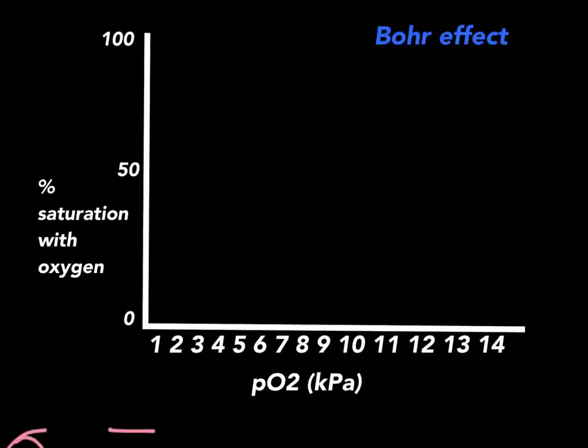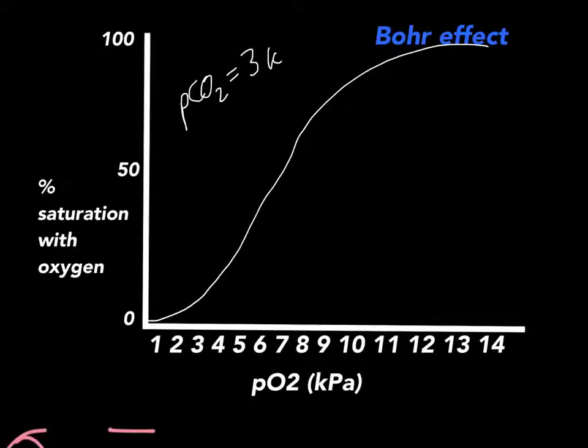Now we'll look at what that looks like in a graph. If you remember before, we have our normal sigmoid, or S-shaped, curve, and you're always going to have carbon dioxide within the blood. Let's say we've got a resting partial pressure of carbon dioxide of 3 kilopascals.